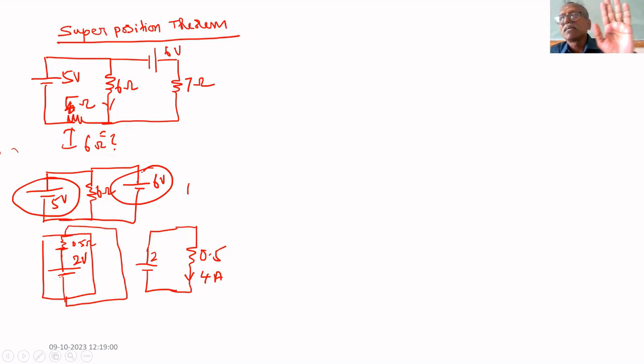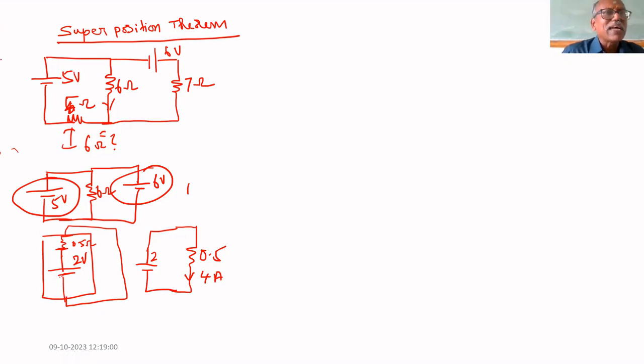The superposition theorem is not applicable for ideal voltage sources.